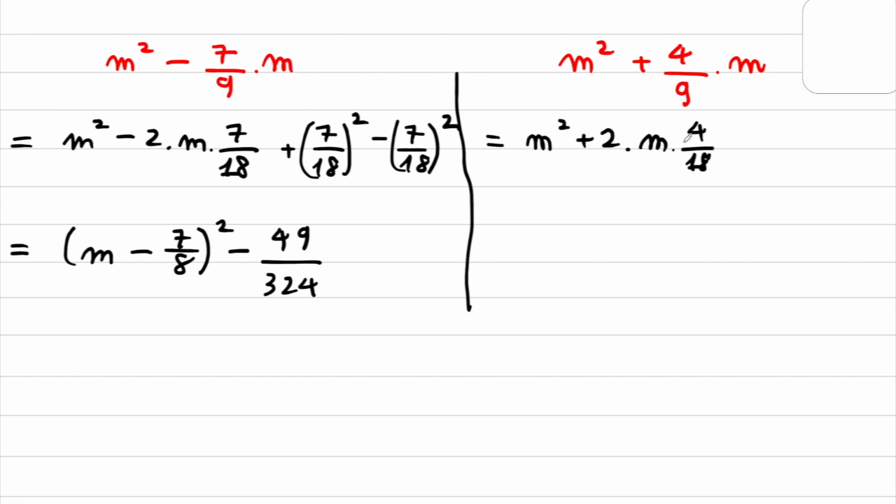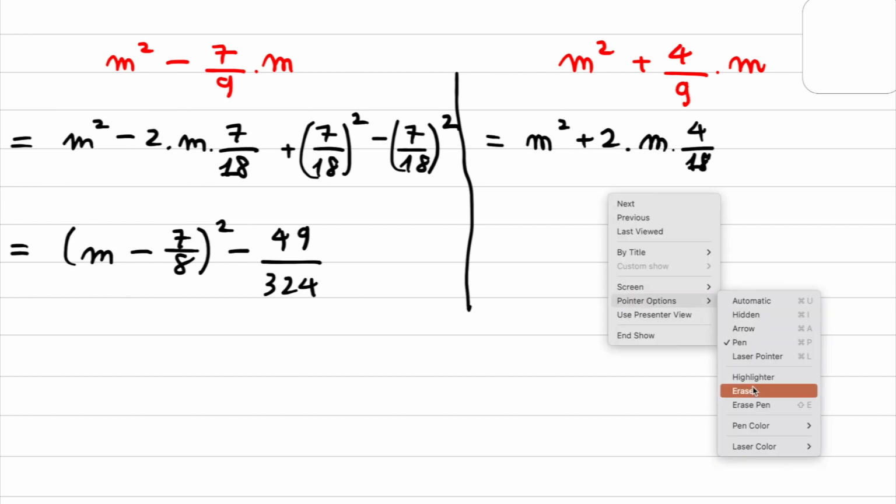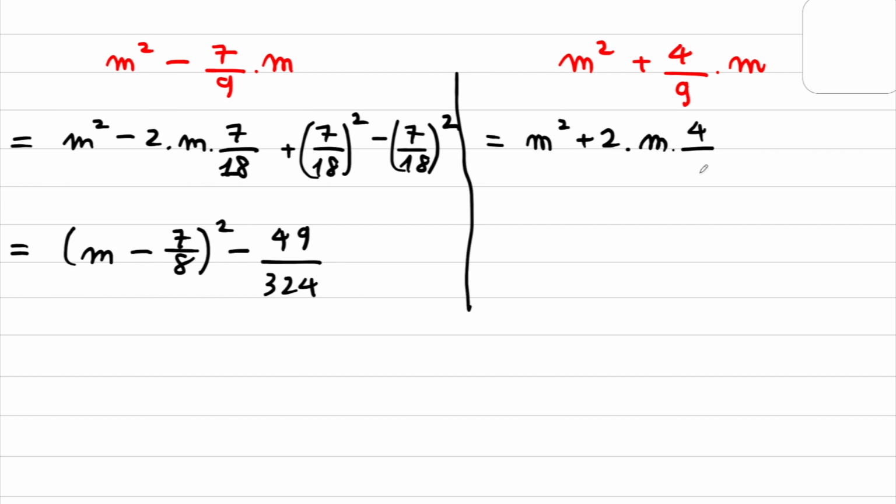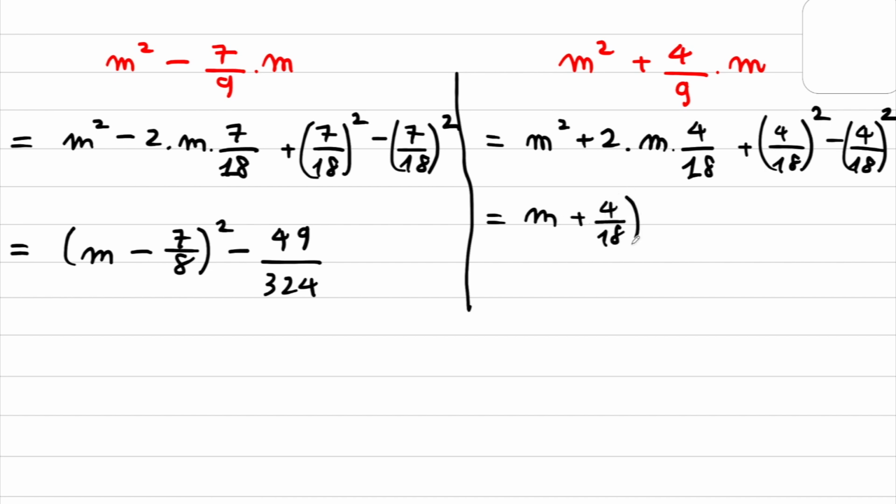Of course you can simplify 4 over 18 to 2 over 9, but let me keep this one unchanged. 4 over 18 here, squared minus 4 over 18 squared, and then outside, m plus 4 over 18 squared, minus 16 over 324.